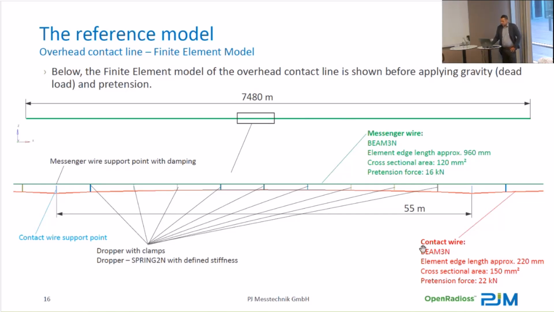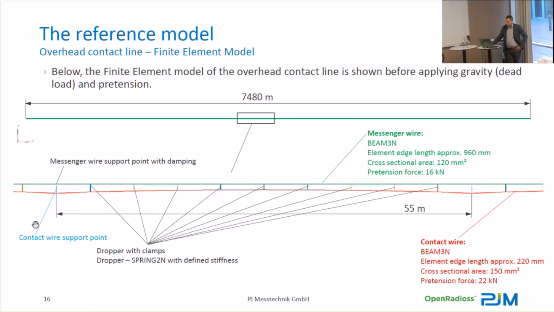For the contact wire, we did some analysis, and we came up with an element edge of approximately 200 millimeters. The standard tells us you need to use a cross-sectional area of 150 square millimeters and a pre-tension force of 22 kilonewtons.